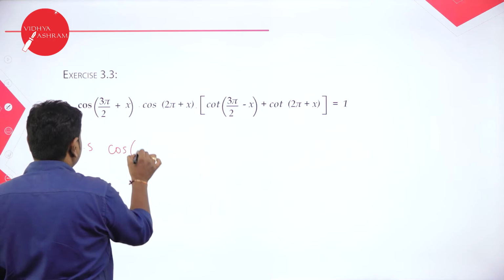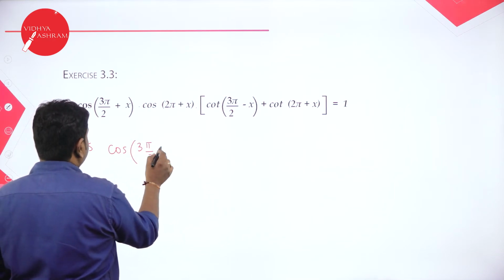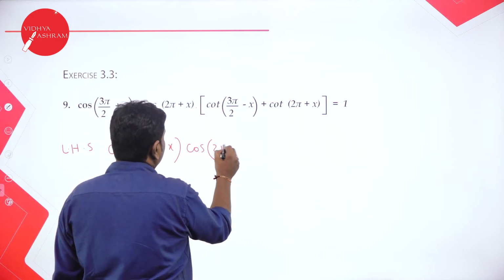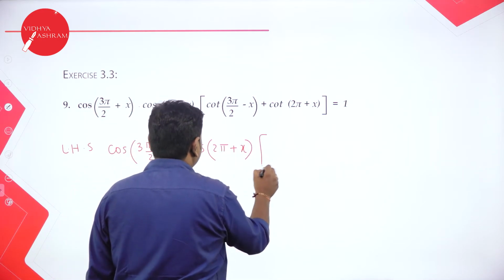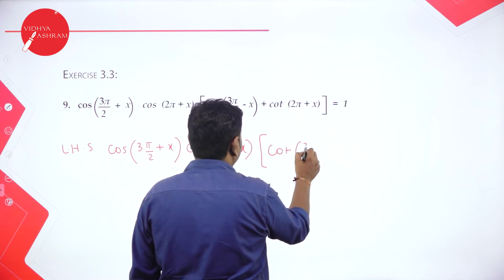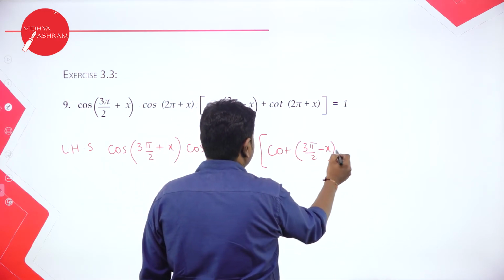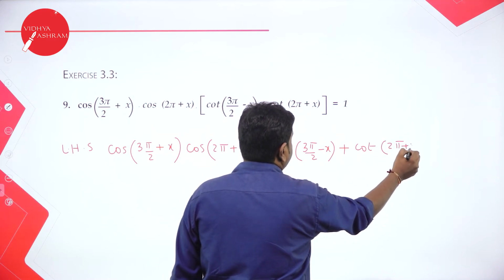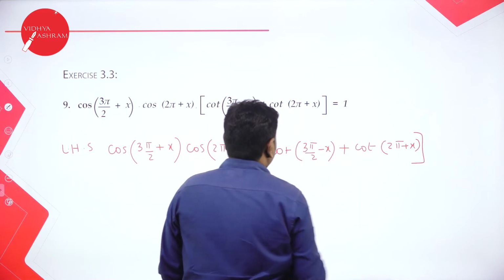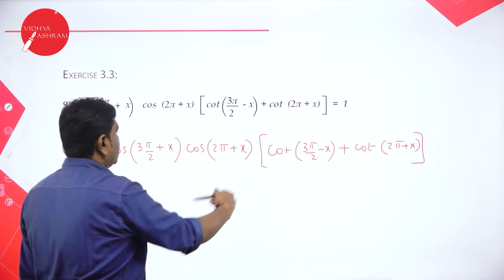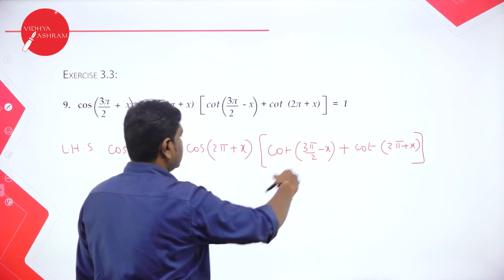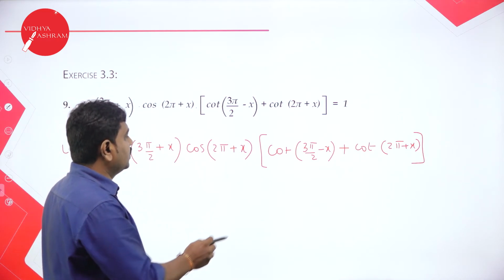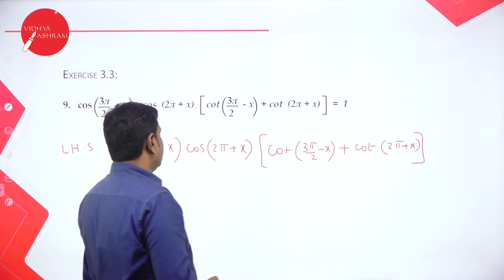Cos of 3 pi by 2 plus x, cos of 2 pi plus x, into cot of 3 pi by 2 minus x, plus cot of 2 pi plus x. All of you know cot can be written as cos by sin. So this is also cos by sin.